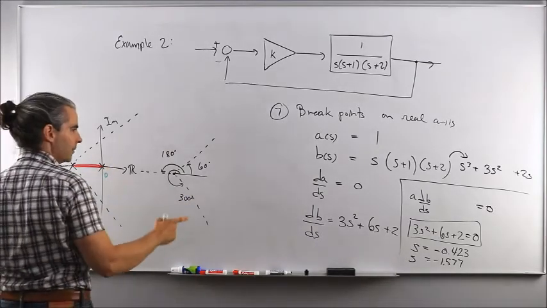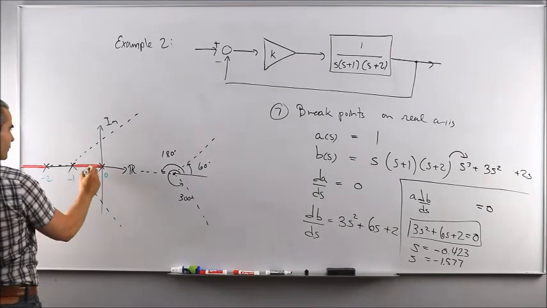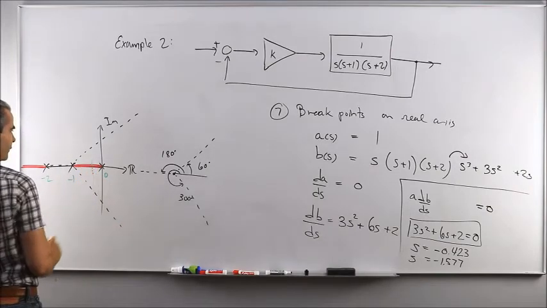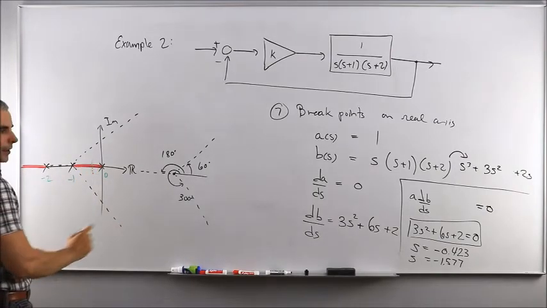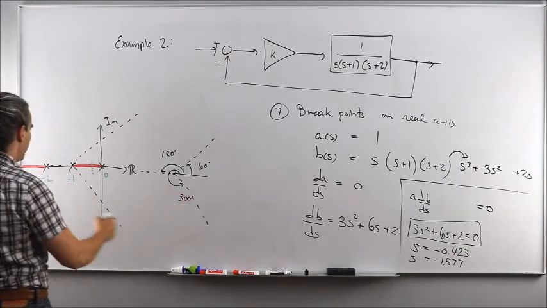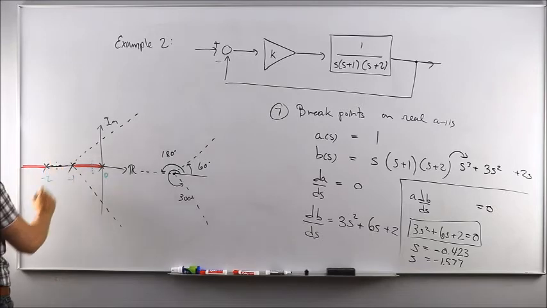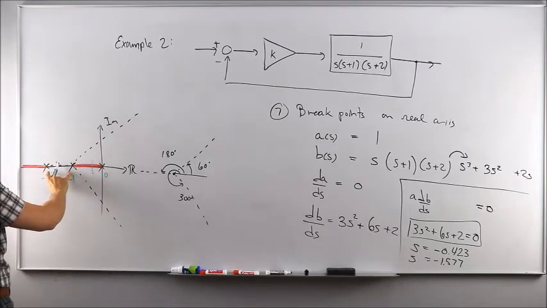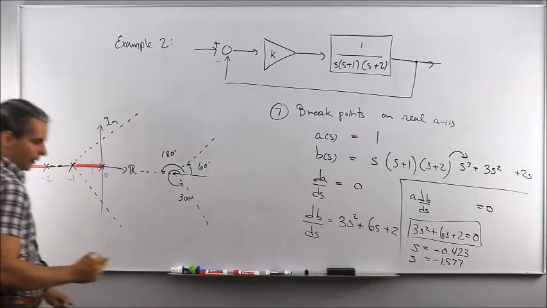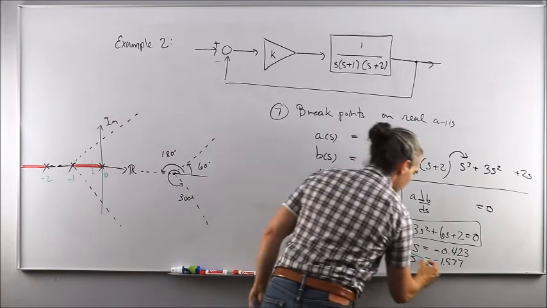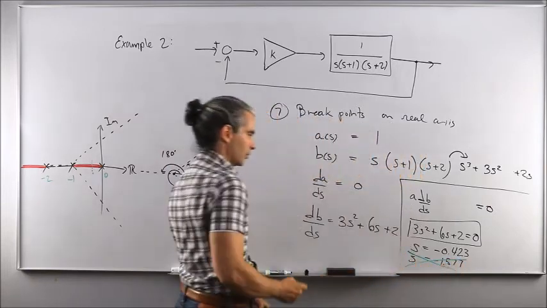The first one is at minus 0.423, so somewhere in the middle here. Okay? But the second one, look, minus 1.5, lying between that pole and that pole. But we know that there's no root locus between those last two poles. So that breakpoint is not eligible because it doesn't lie in our root locus.